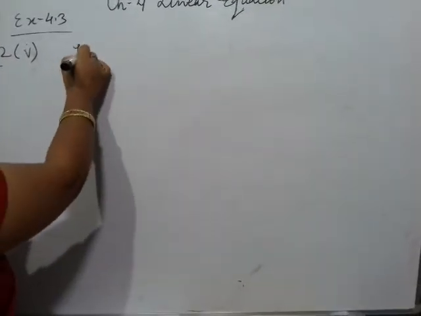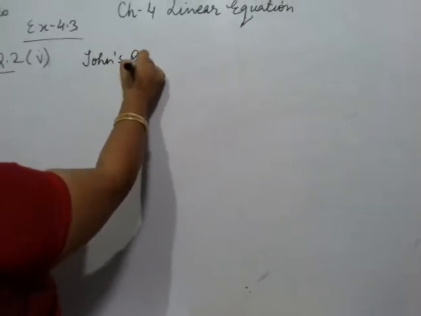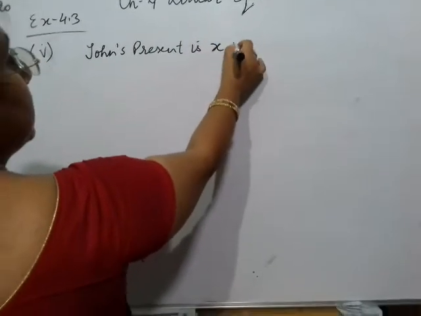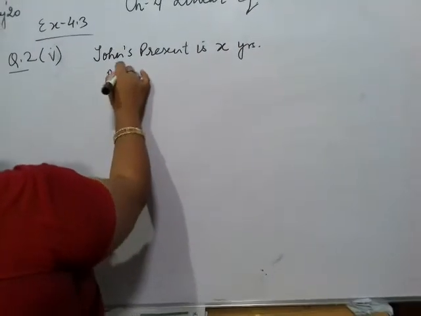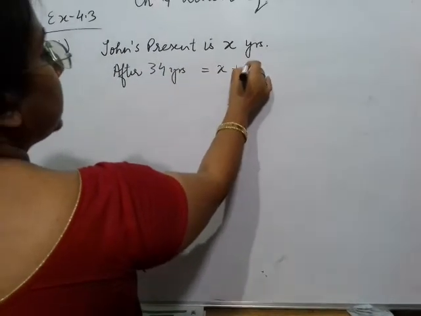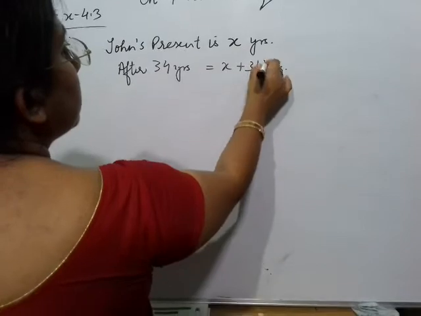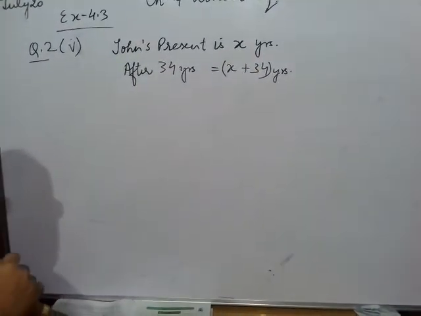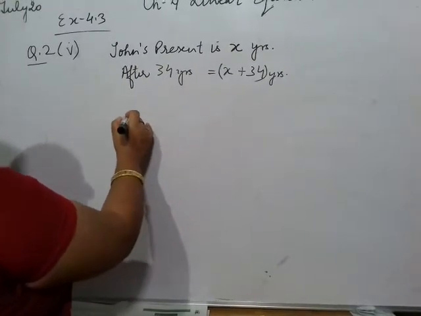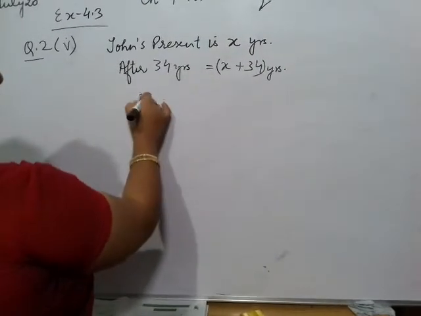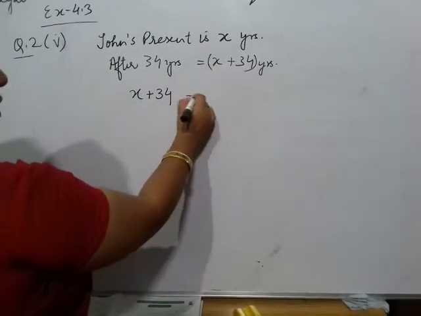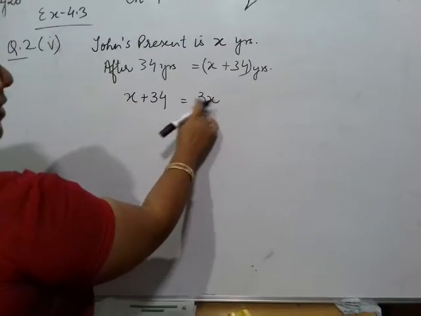If we suppose John's present age is x years, so after 34 years, his age will be x plus 34 years. Okay. Now, he will be 3 times his present age. So after 34 years, x plus 34 years, he will be 3 times his present age.